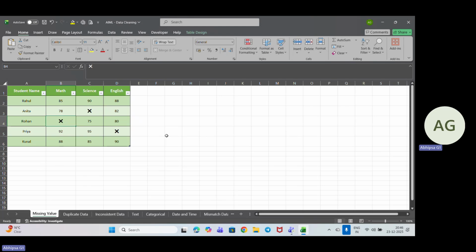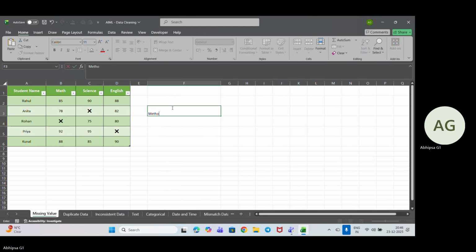So the very first method that we will be discussing is removing the row. We need to delete the student. Here specifically, for Anita, Rohan, and Priya, these three students we have to remove.